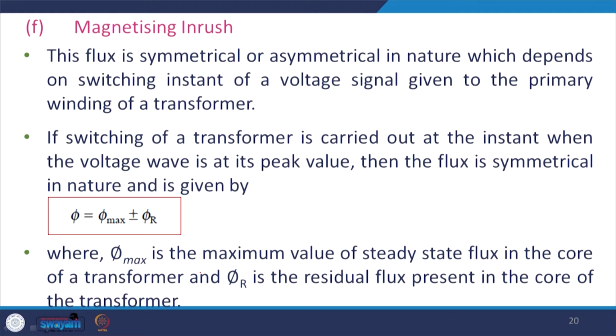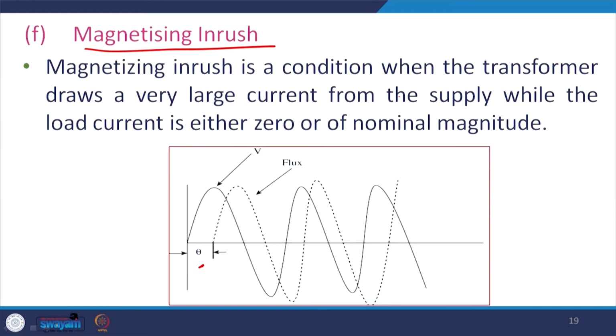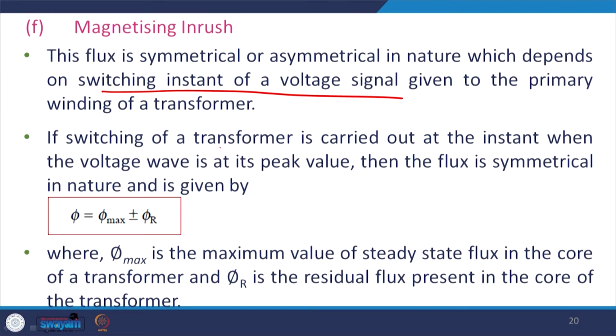Whether the flux established in the core of the power transformer is symmetrical or asymmetrical depends on the switching instant of the voltage signal. That means, at whatever instant you energize the transformer on this voltage signal I have shown, that decides whether the flux established in the core is symmetrical or asymmetrical.